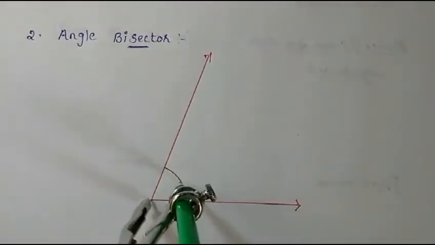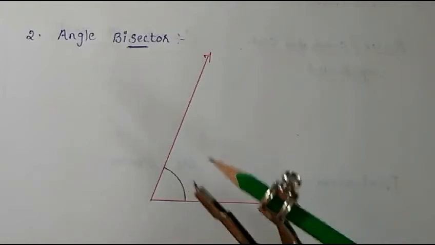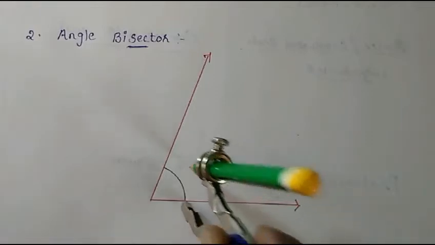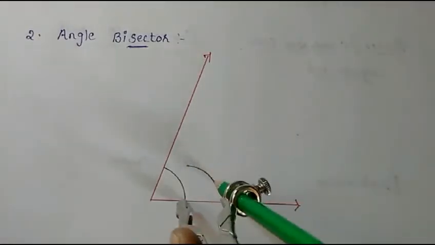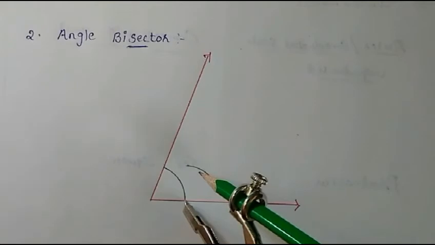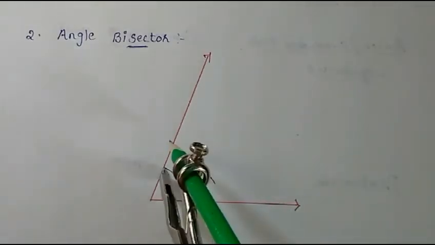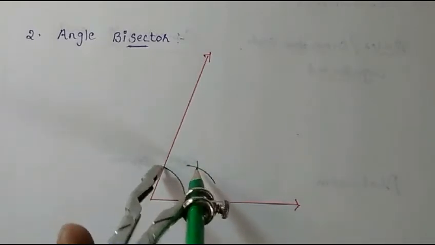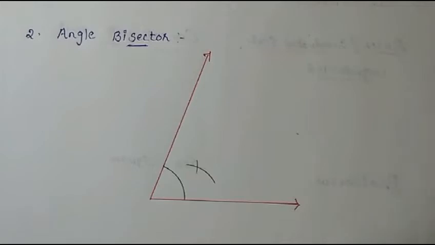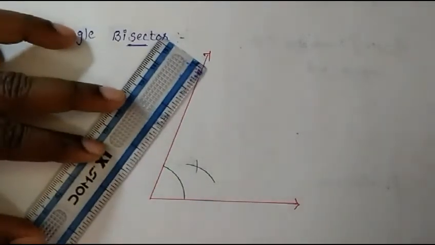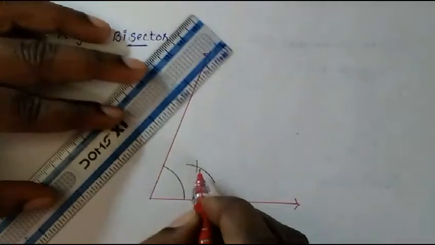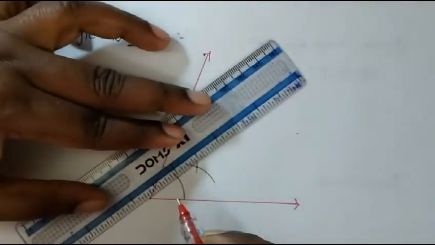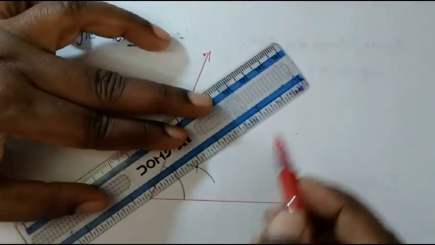Once you draw the angle, at one end you keep the compass and draw one arc. Without changing, with the same measurement, you keep it at the other end and intersect that arc. Okay, now this point you join. Draw and join with this point and draw a straight line.